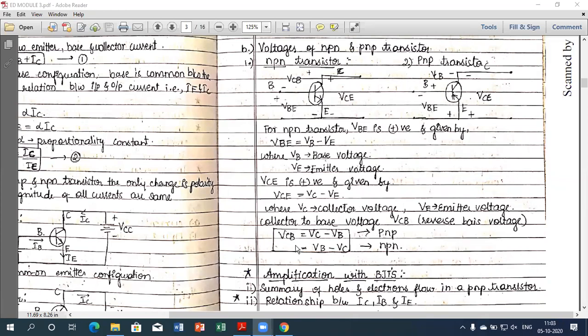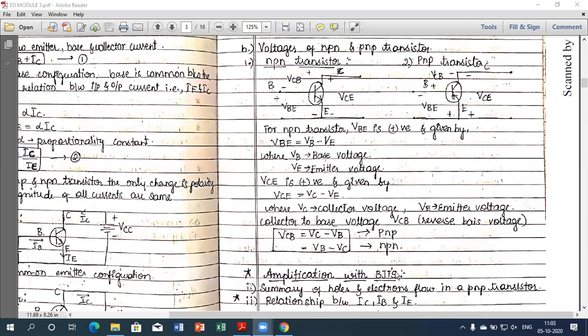With respect to NPN, it is written opposite. That is, first we have written VB, next we have written VC. But look at the other two voltages: first we have written VB, next VE. This is because both are forward biased. But with respect to NPN, the collector to base is reverse biased. That's why first we have written VB, next VC. That's why when I put the values here, this value of VCB is always negative.